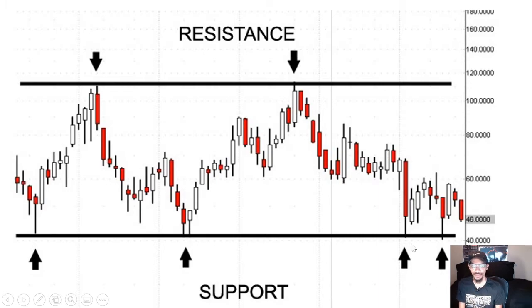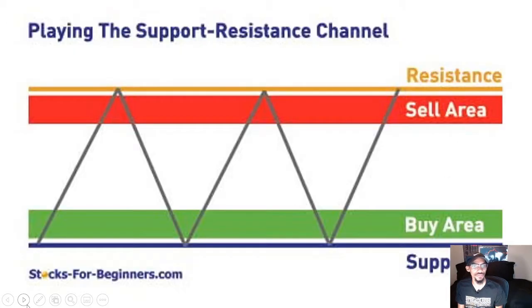The support is roughly $40 and the resistance is at $110. So you can see it hit support, bounced back up, hit resistance, bounced back down. Support, resistance, support, resistance. So it's pretty much a range where the stock price normally fluctuates in between.